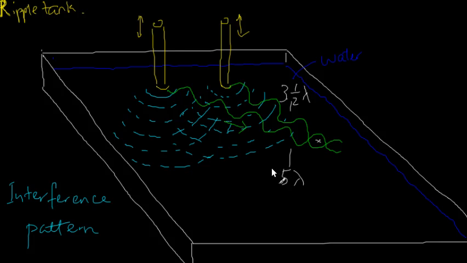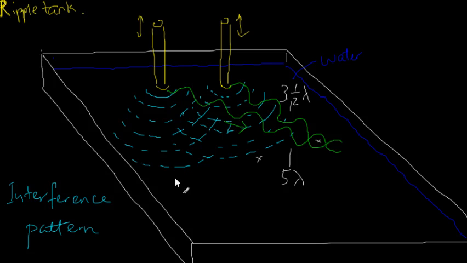And at the earlier point where it is the same distance from those two rods, I would expect that the peak would always meet the peak, or the trough meets the trough, and there would always be a maximum oscillation at that point. So this kind of pattern, all right, where I have a big oscillation at some points and no oscillation at some other points, right?